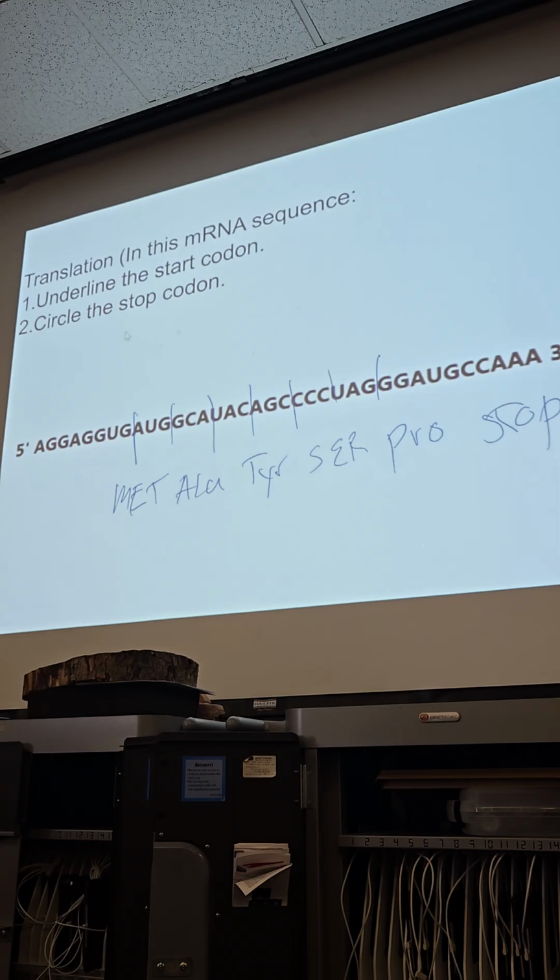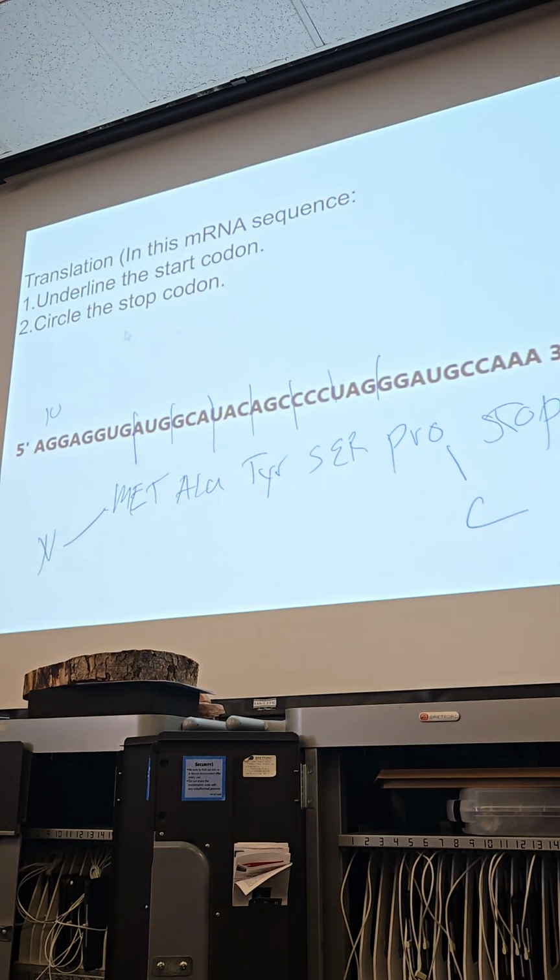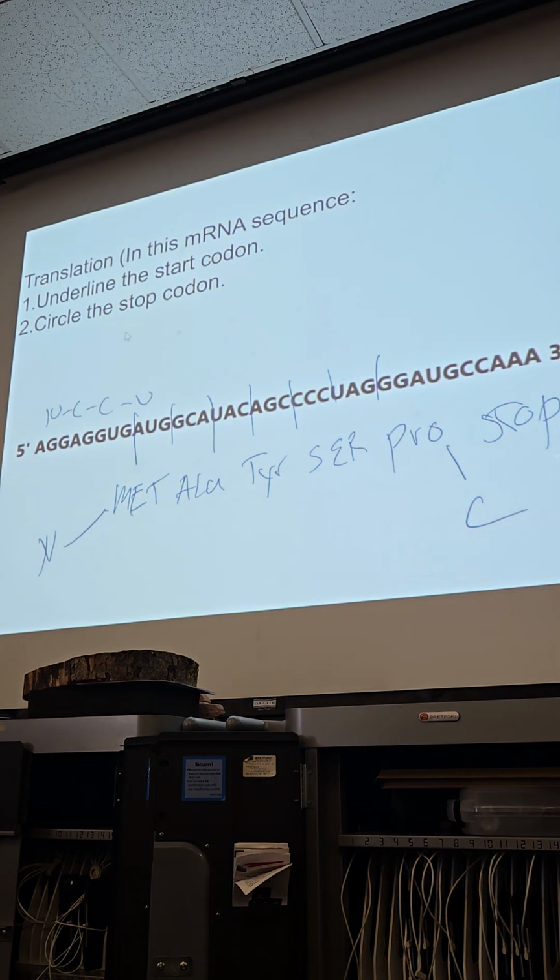So, there's my N termini, that is my C termini. So when you look at this, it'd be N, C, C, N, C, C, N, C, C, N. I have this one memorized.